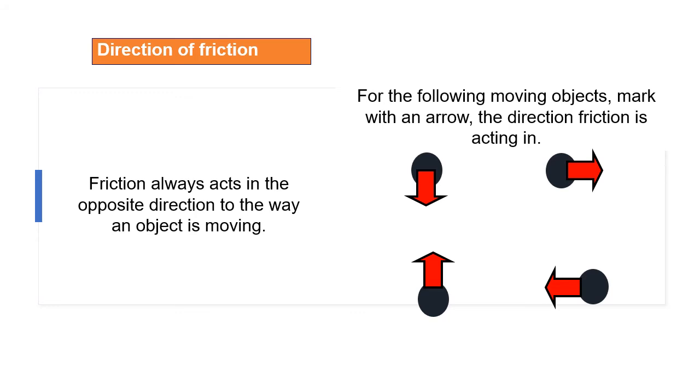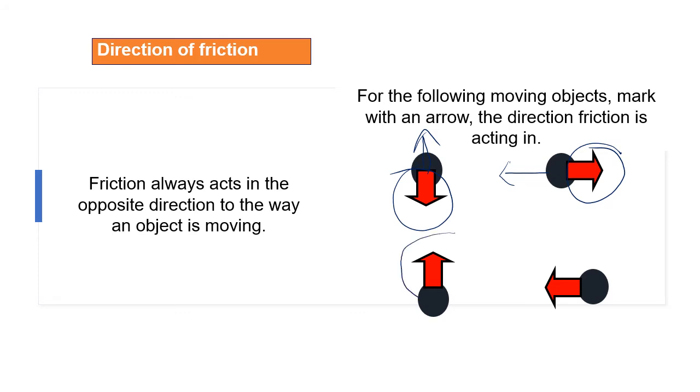Okay guys, time up. So if I look at the first object there, I can see that the object is trying to move downwards. Friction acts in the opposite direction, so friction should be acting in the upward direction. In the second object, the object is moving towards the right, so friction should be towards the left.